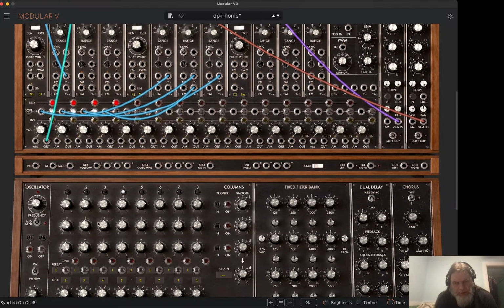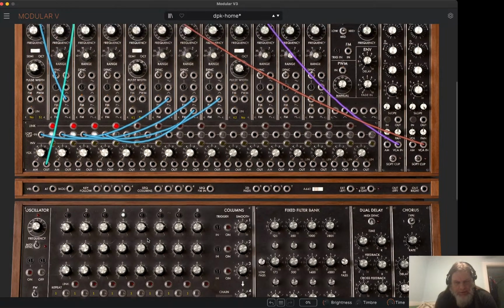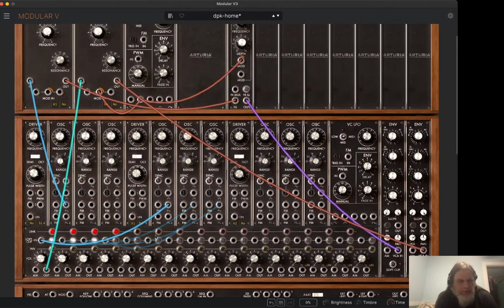There's one part that's a sequenced series of notes that just plays by itself, and then I have some parts that play together that I activate with the keyboard. Sounds kind of like that.